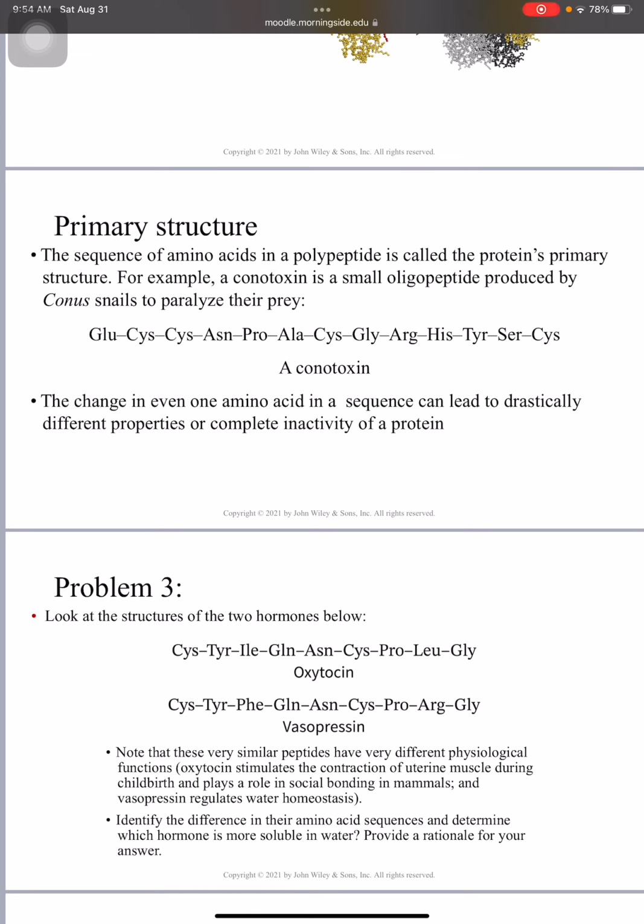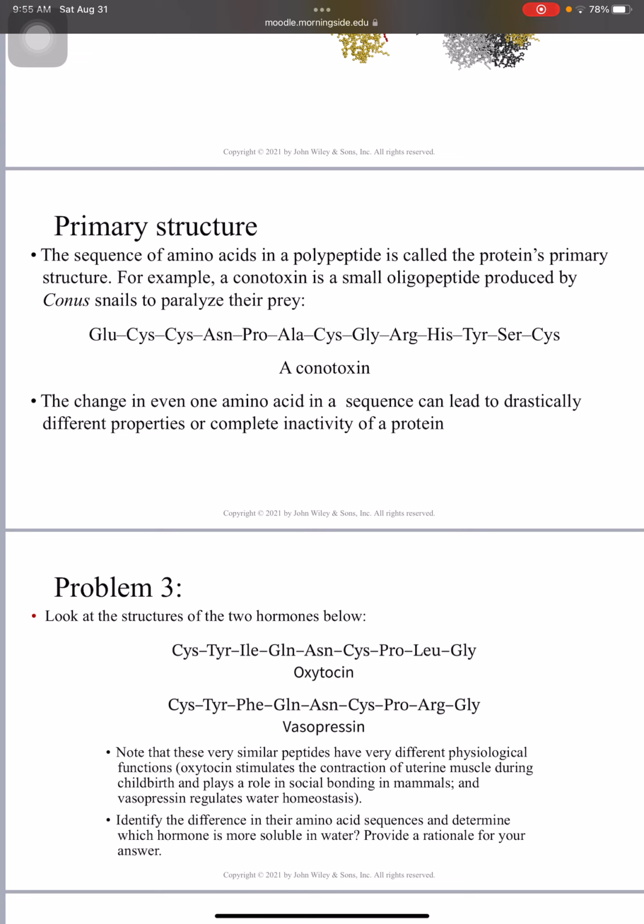Here's an example. This is actually not a protein, but what we call an oligopeptide. An oligopeptide is sort of the in-between. It's not quite big enough to be a polypeptide or protein, but it's not small enough to be a dipeptide, tripeptide, etc. So this shows you how the sequence of amino acids is written.